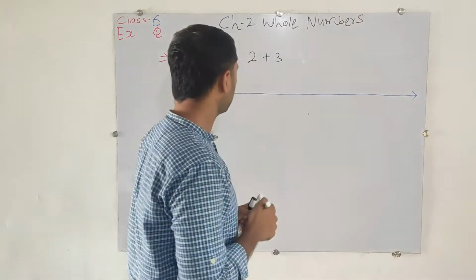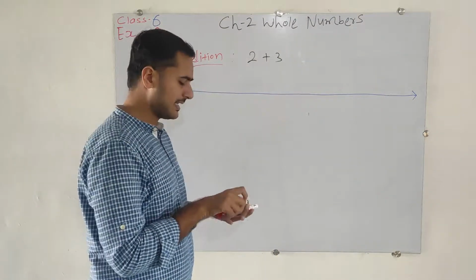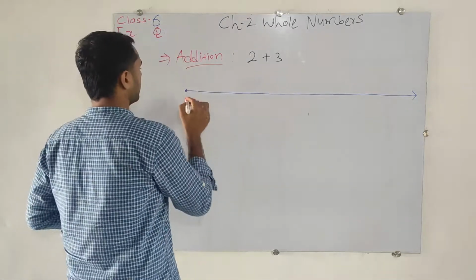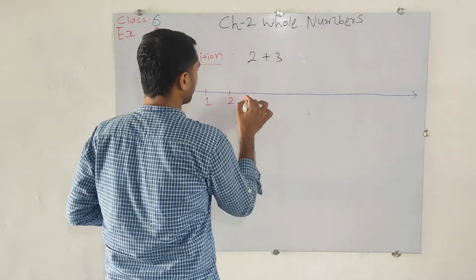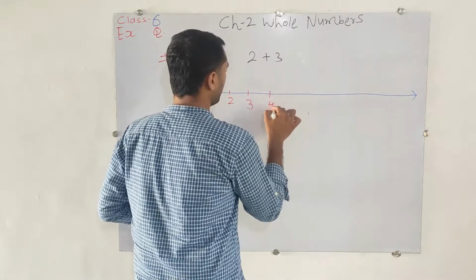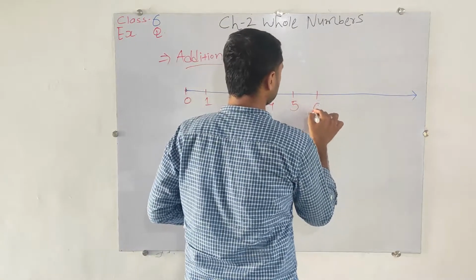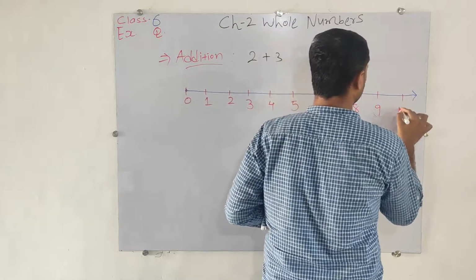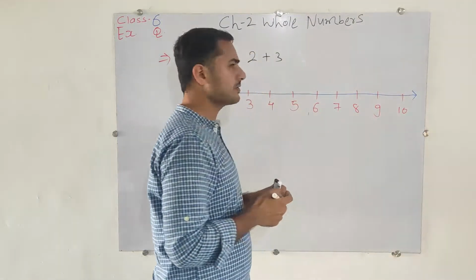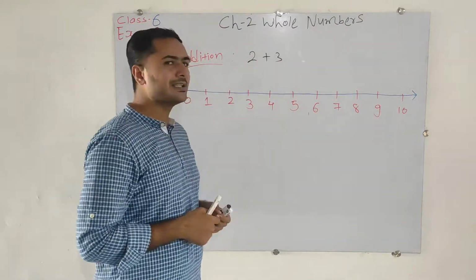It means the number starts from 0. So here is 0, then 1, 2, 3, 4, 5, 6, 7, 8, 9 and 10. This is how we can place the numbers on the number line.